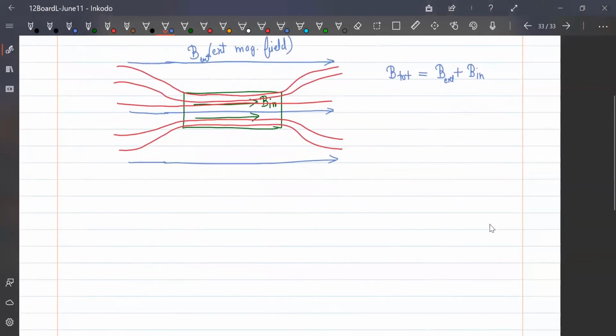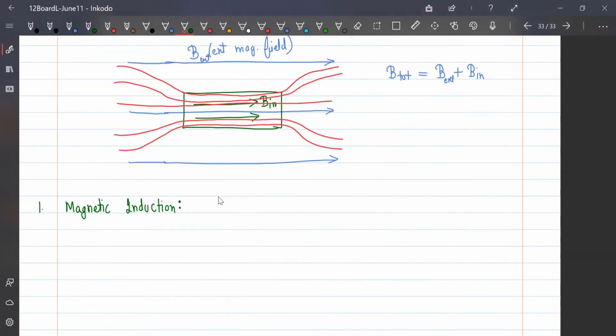First term is magnetic induction. Induction is inducing; the external magnetic field is inducing a magnetic field in the soft iron. What is magnetic induction?